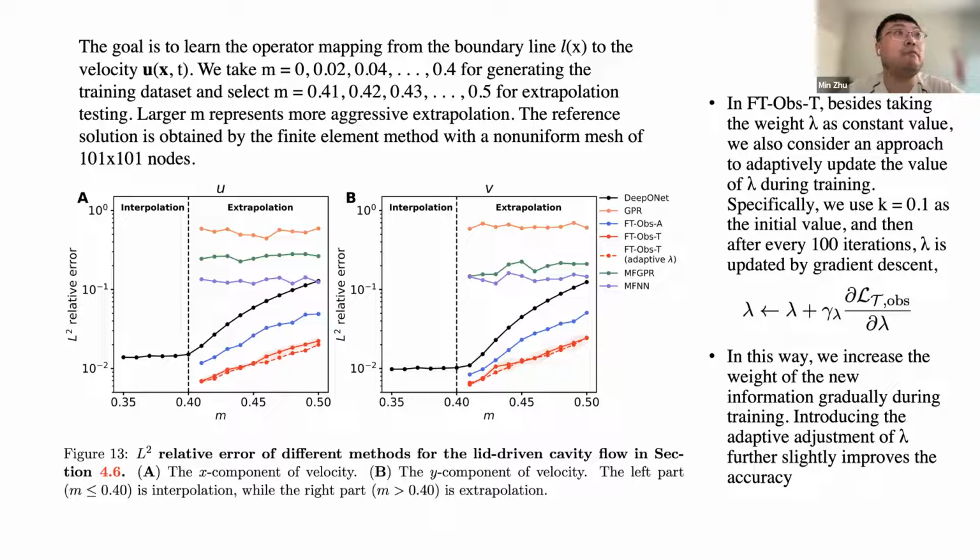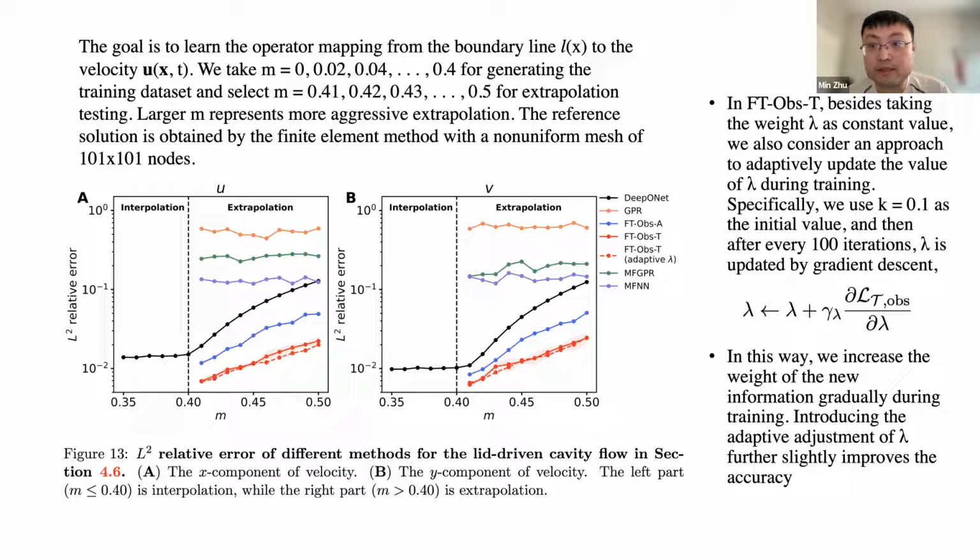Larger m represents more aggressive extrapolation, and the reference solution is obtained by finite element method with a nonuniform mesh of 100 times 101 nodes.